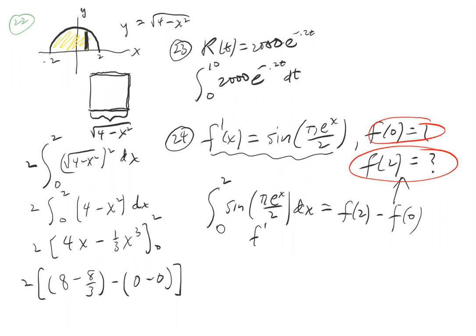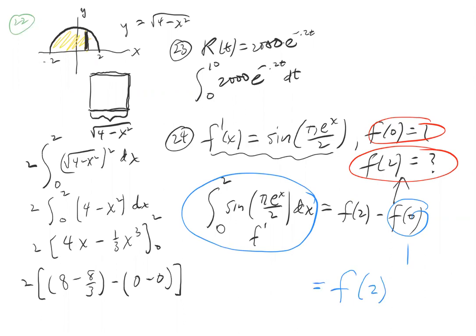We already know that f of 0 is 1, and this you can punch into your calculator. So therefore, f of 2 is equal to this thing you punched in on your calculator. I have no idea what that is. You guys are going to do it. And then you have to add the 1 from this side, right? Easy money.